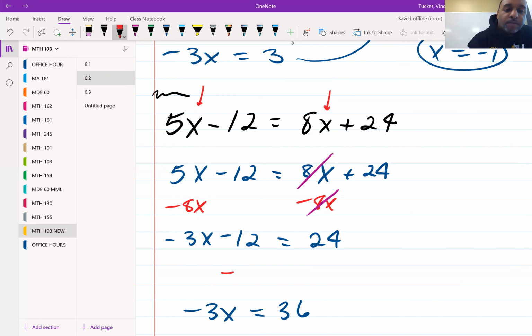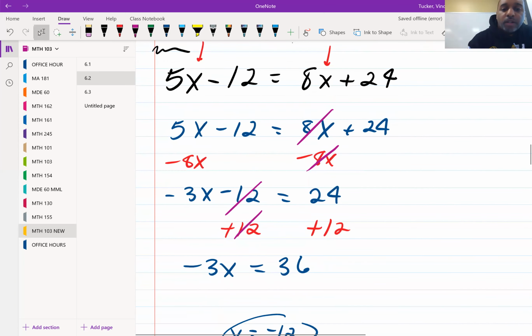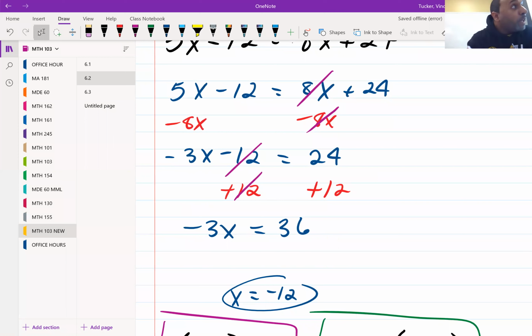From there, add 12. The 12s cancel. Leaves me with negative 3x equal to 36.